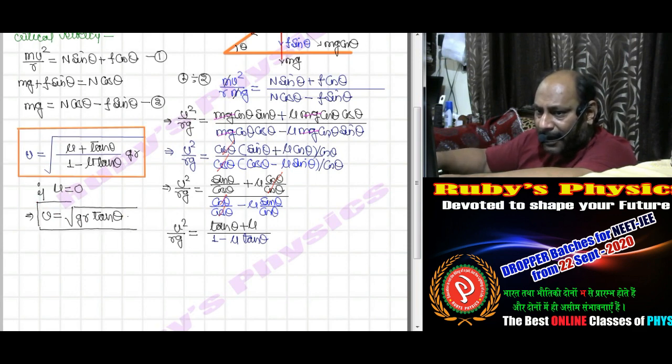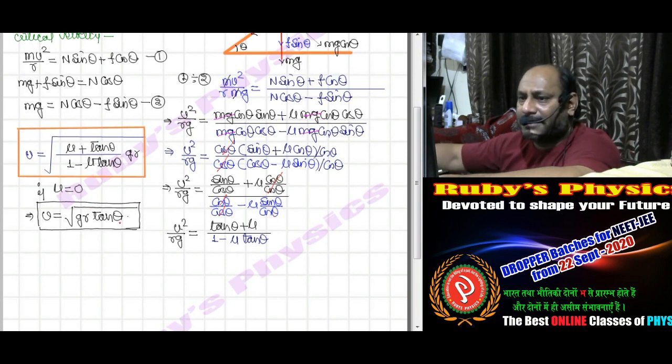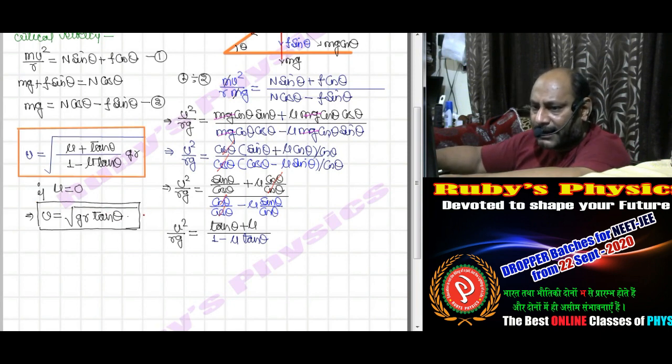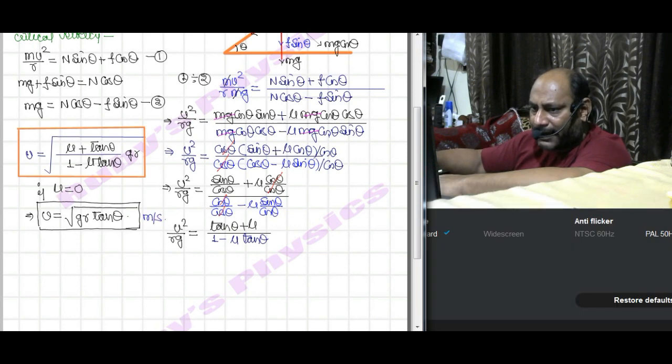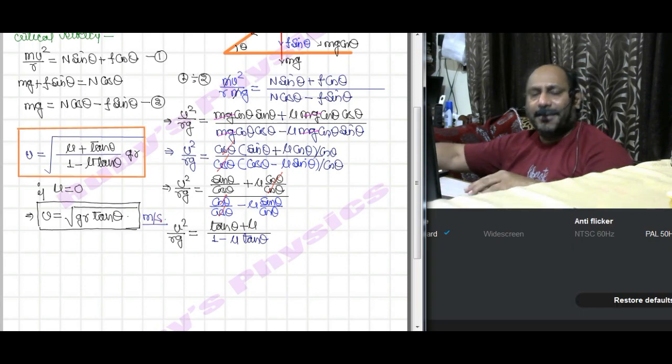It means that on a perfectly smooth banked road, the vehicle can survive and can cross the banked road easily. Is that clear?